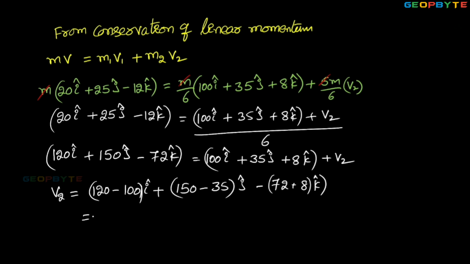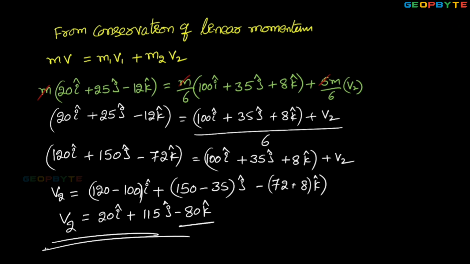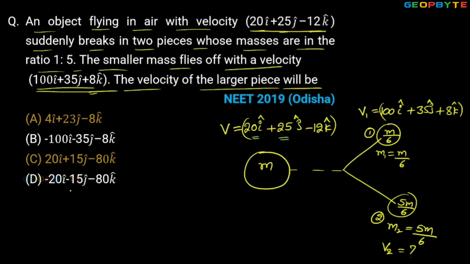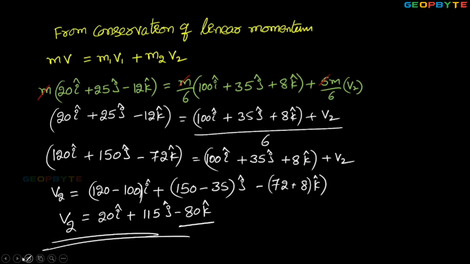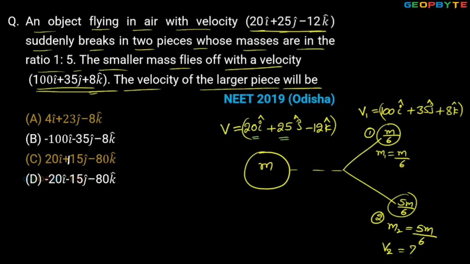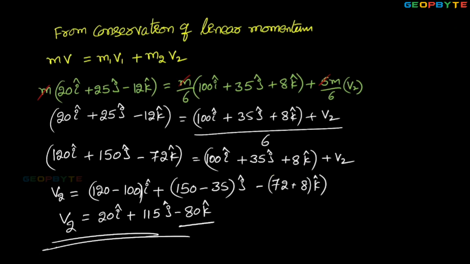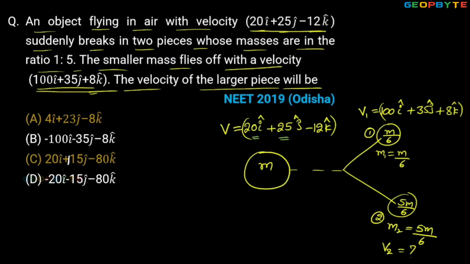Now you can simplify it: 20 i cap plus 115 j cap minus 80 k cap. That is the v2 value. In the printed option it may be a printing mistake, but v2 is 20 i cap plus 115 j cap minus 80 k cap. Yes, here a printing mistake. Option C is absolutely correct.